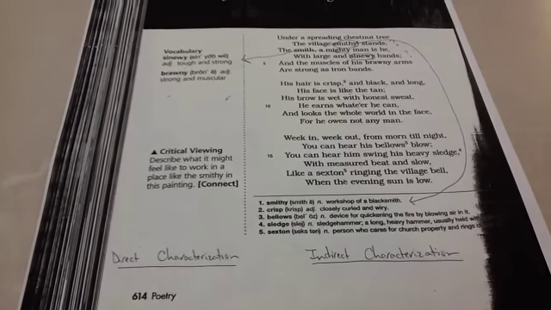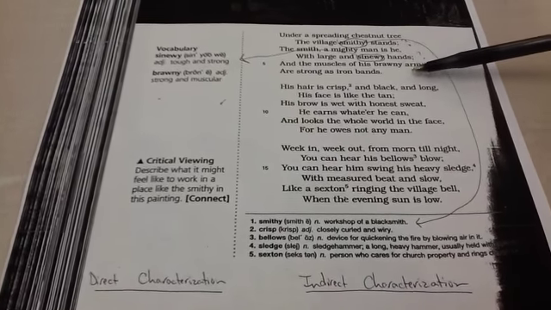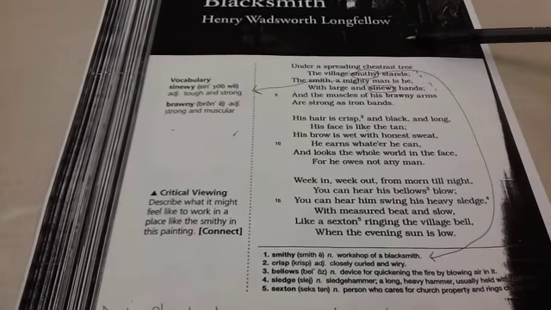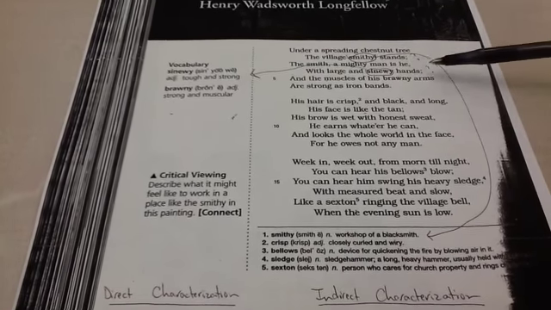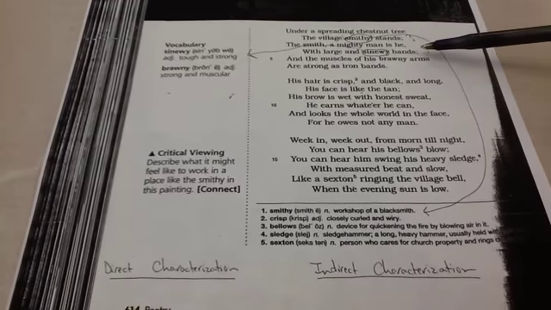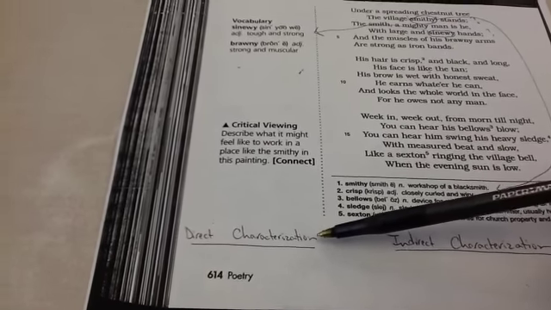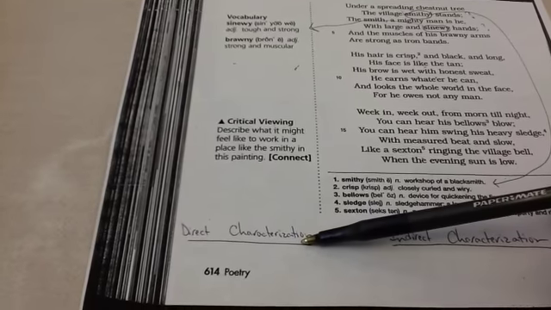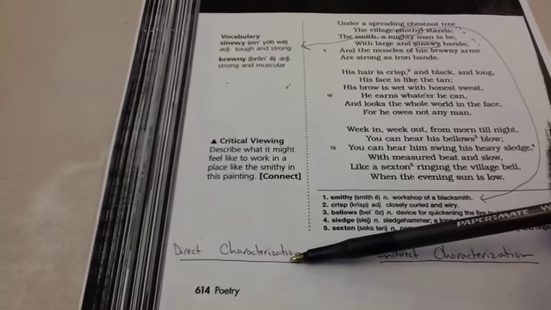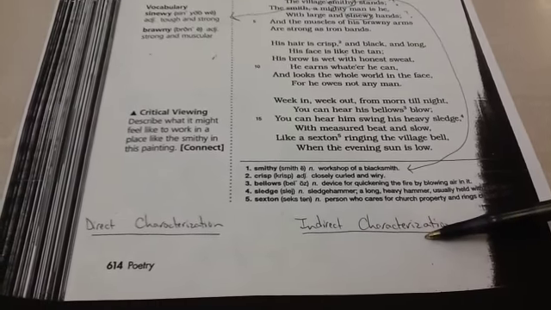The next thing I did on my annotation is that as I was reading the first stanza, I noticed that the poet, Longfellow, is giving me some real distinct characteristics about the main character of this poem. So I went ahead and set up a place to put down some direct characterizations, what is explicitly stated in the poem, and some indirect characterizations.